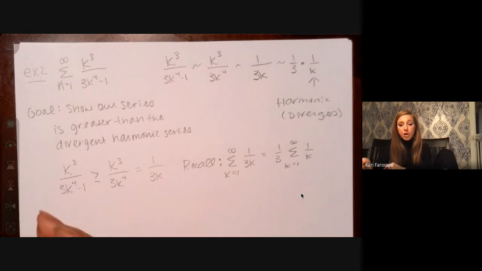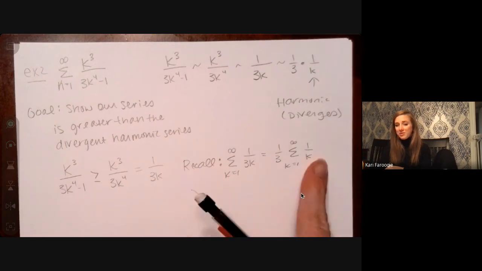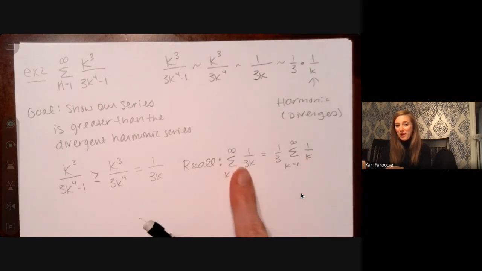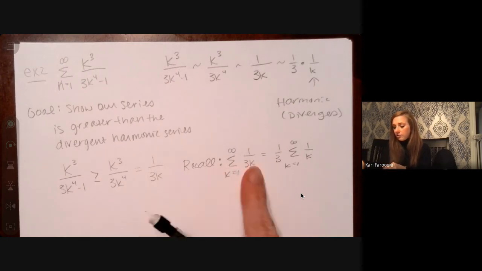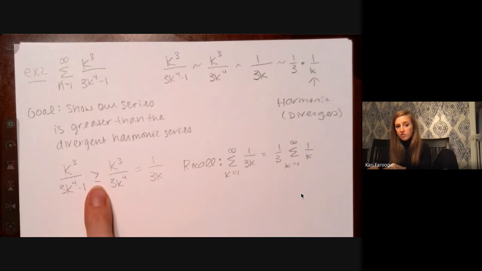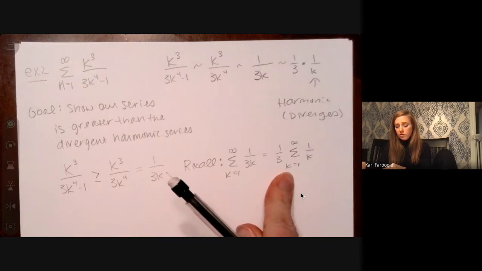I gave you that property that said that a constant multiple can be pulled out of the summation, or put back into the summation without any effect. It kind of floats around wherever it needs to go. So in this case, we can go ahead and say our series we've just said is greater than or equal to this, which is equal to that, which is divergent.